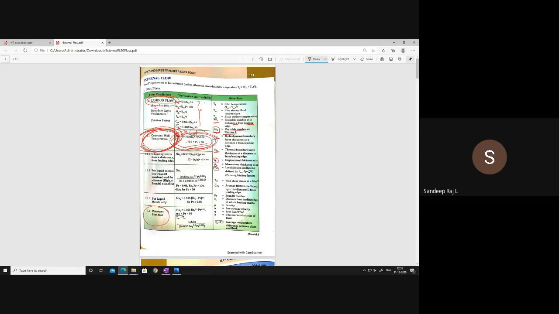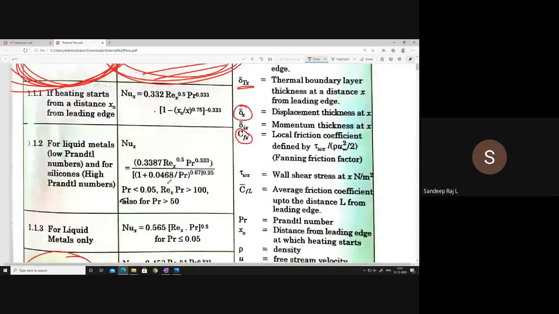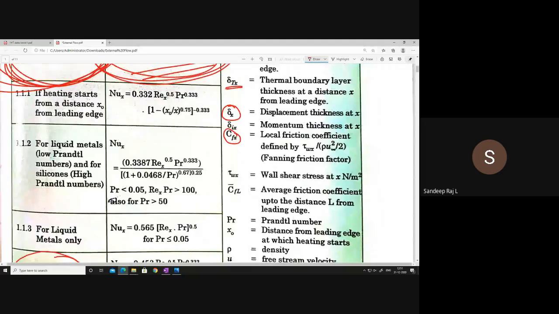See here it is written for high Prandtl number values, that is silicones. You have to use this formula. For Prandtl numbers greater than 50, you have to use this.